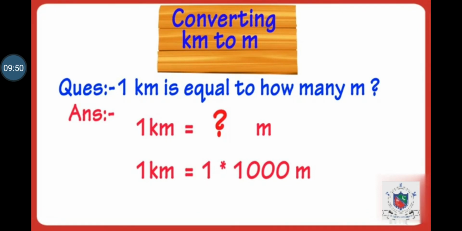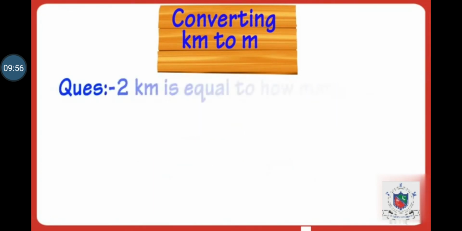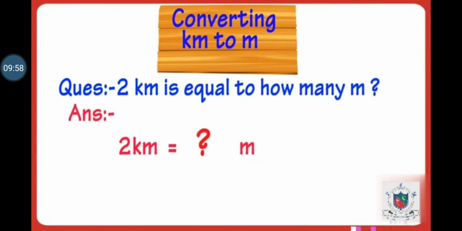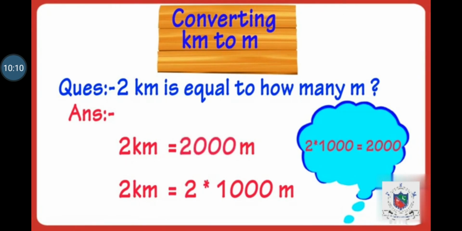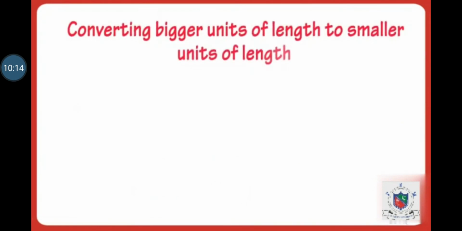So 1 kilometer is equals to 1000 meter. 2 kilometer is equals to how many meters? Yes, you are right. We have to multiply 2 by 1000 and we get 2000. So 2 kilometer is equals to 2000 meters.